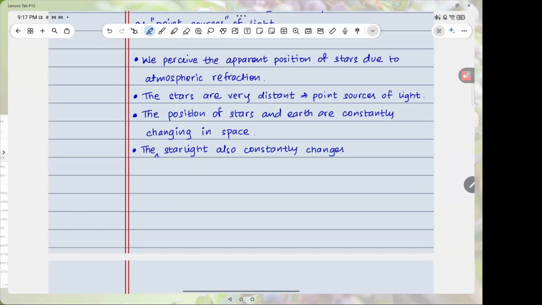Starlight means amount of starlight, sorry. The amount of starlight also constantly changes. Let me write it in a better way. The amount of starlight also constantly changes.